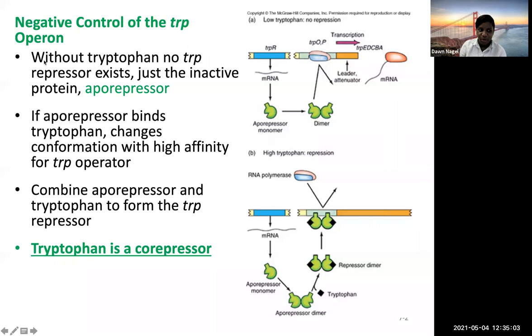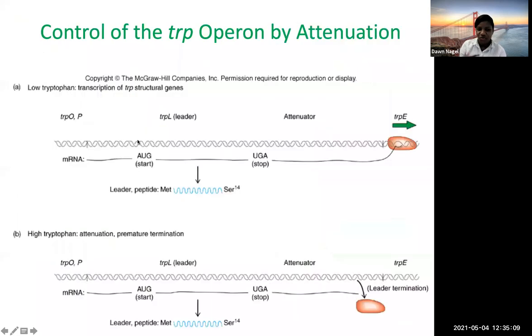So again, this is usually what's happening. But the problem is that with tryptophan, it's not sufficient to repress transcription by just switching it on and off with this repressor.